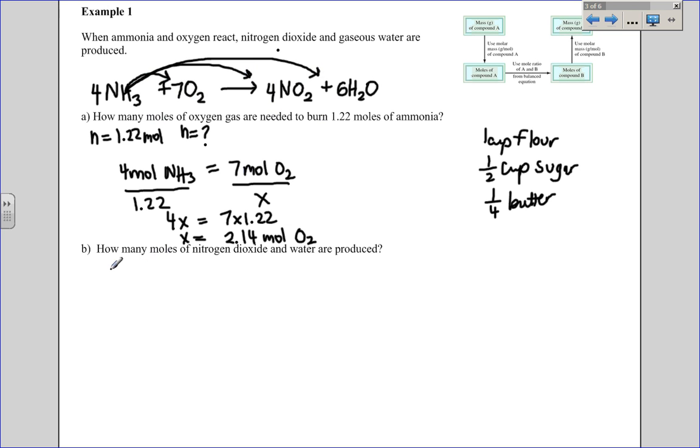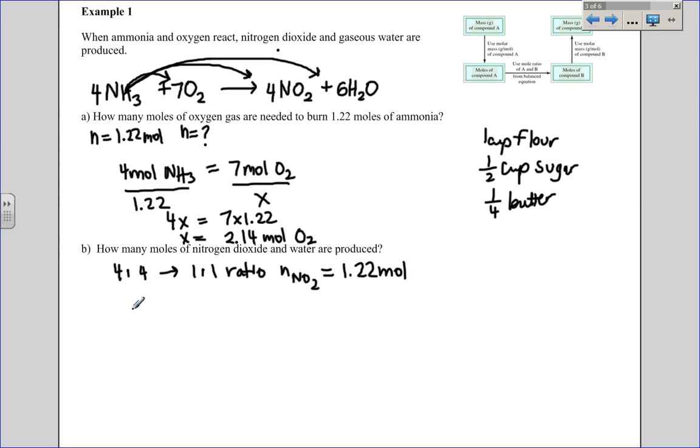So for nitrogen dioxide, the ratio is 4 to 4, which is really a 1-to-1 ratio. Okay, so I don't need to do any work here. I know the moles of NO2 that will be produced is going to be the same as the moles of NH3 that are used because the ratio is 1-to-1.